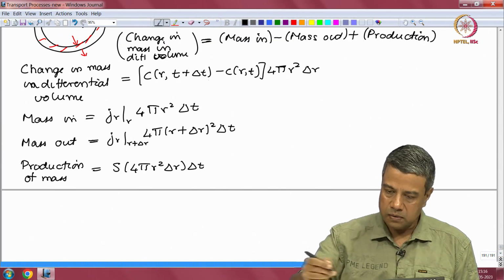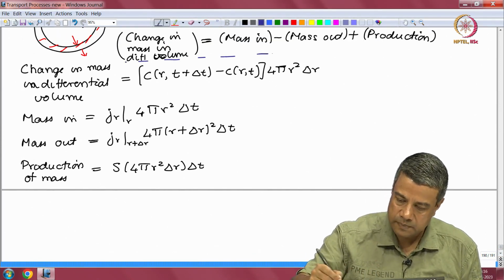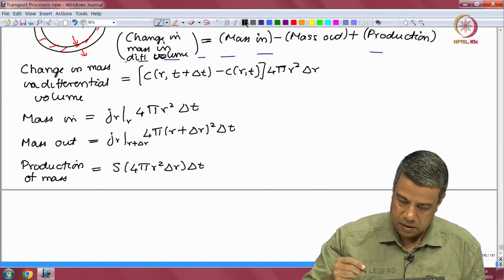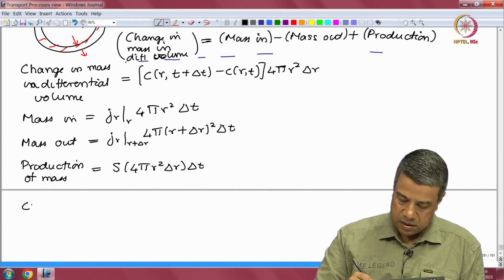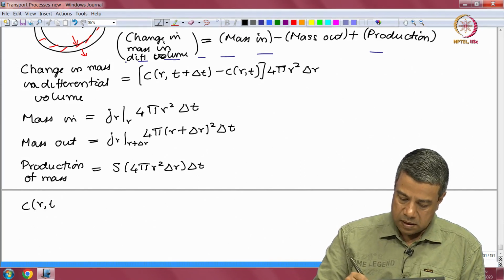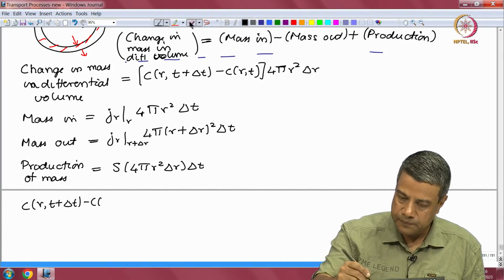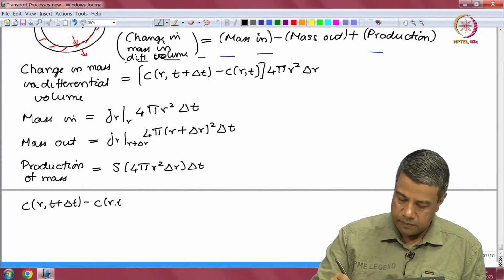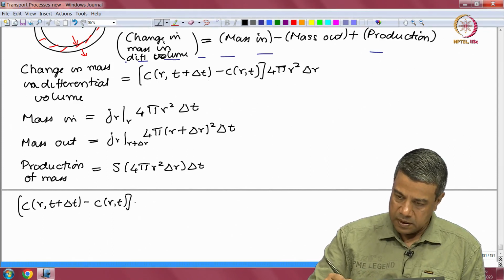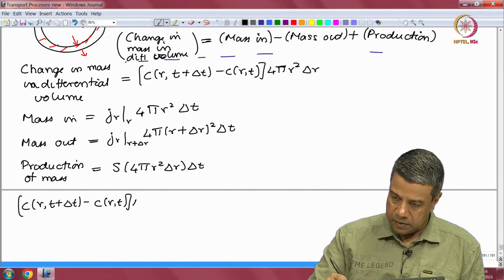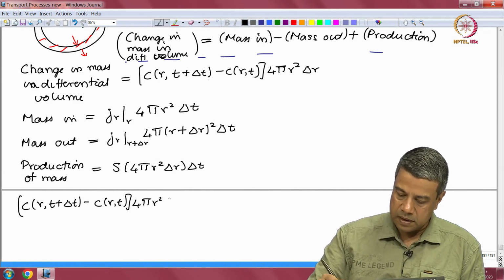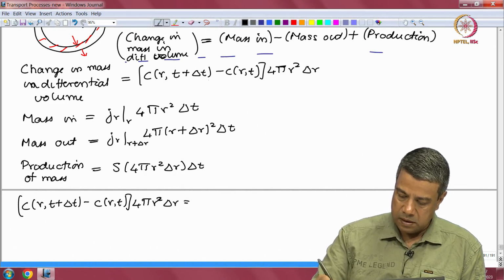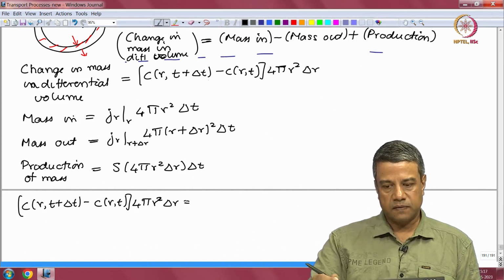Substitute that into this conservation condition, and I will get C at r, t plus delta t minus C at r, t, into 4 pi r square delta r is equal to the flux in minus the flux out.